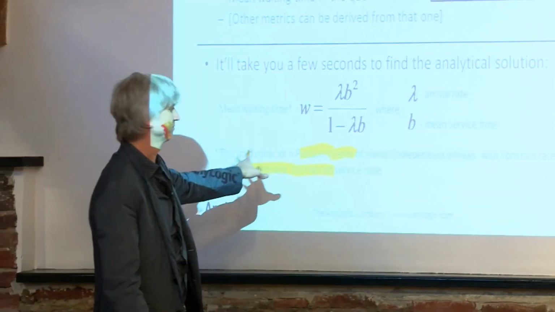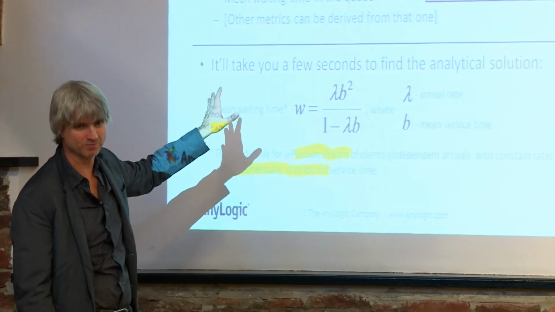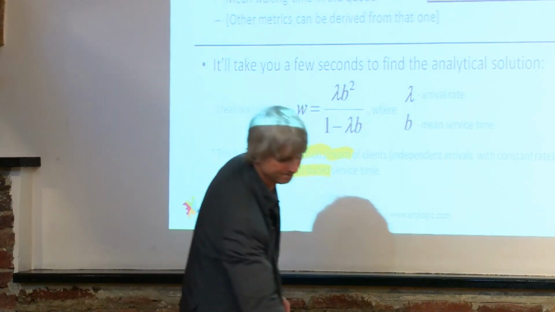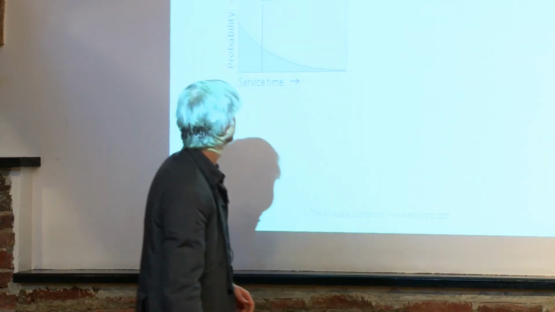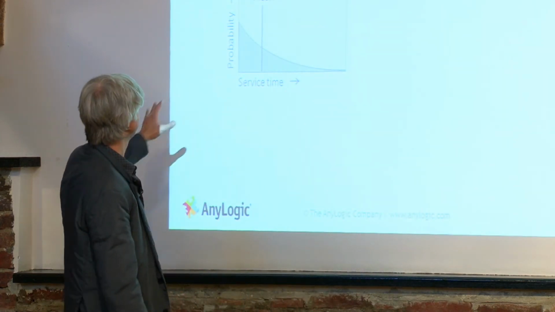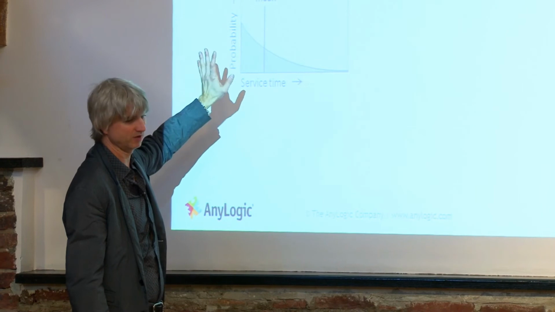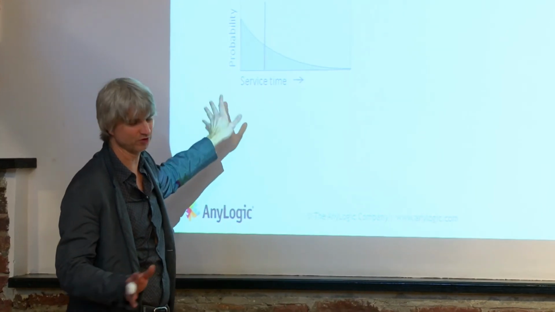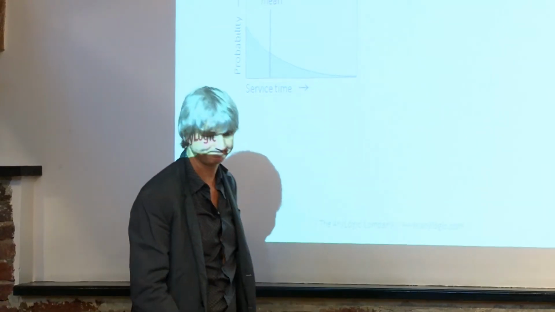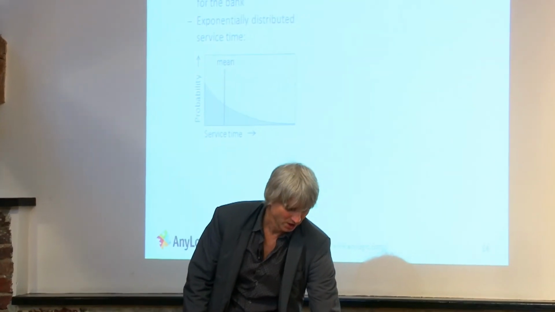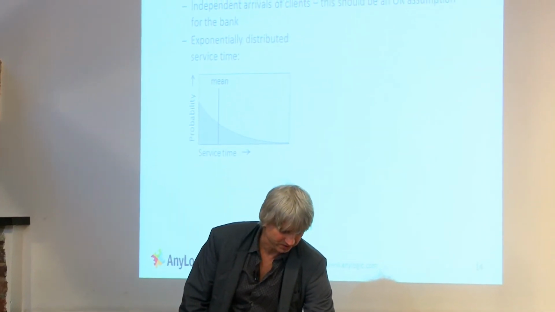It's based on certain assumptions of how people come to the bank and how they are served. This assumption is the exponential distribution, but if you don't know what it is, don't worry, we will probably be going through that later on.